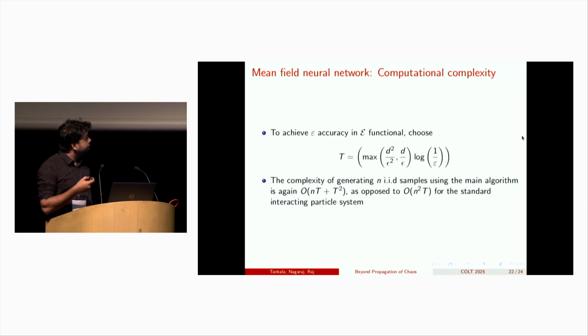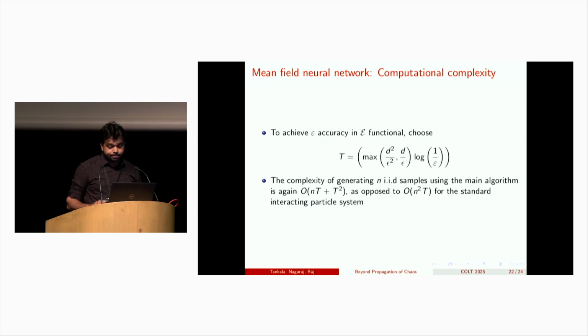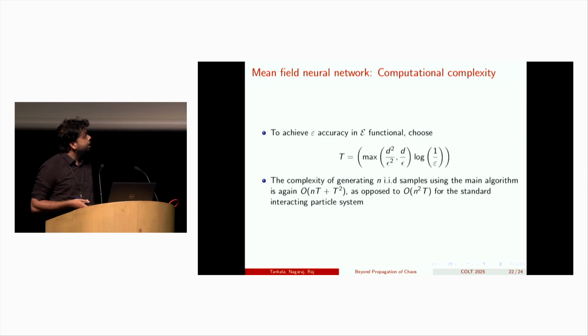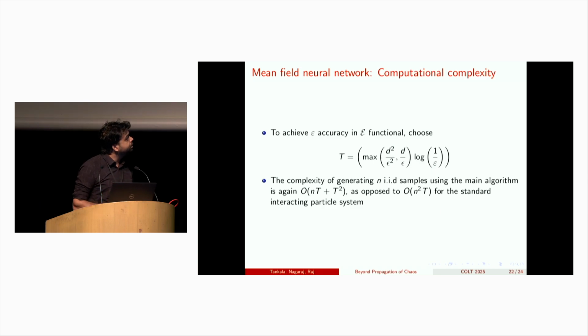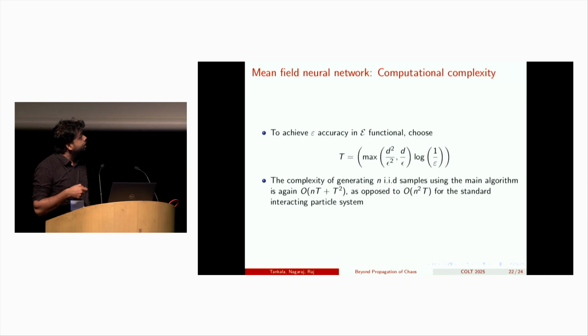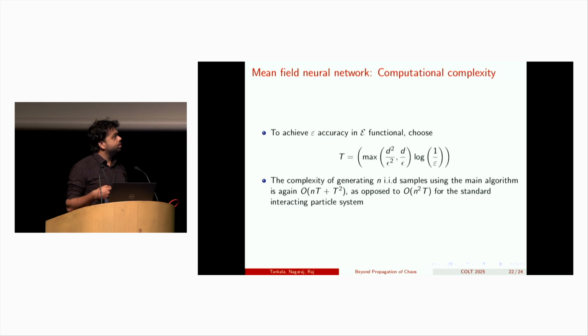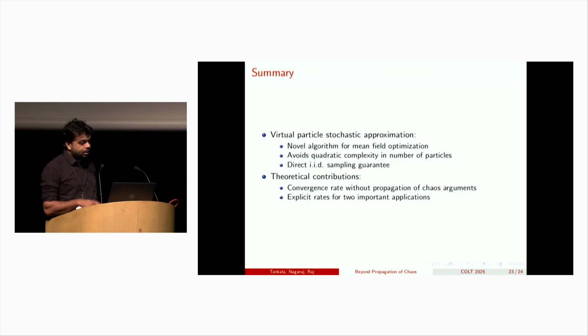And same thing, we have better computational complexity in cases where t square is less than n square t, and there is no interdependence between n and t, whereas in the previous results there is dependence between n and t. Here you can choose any n to start with, and that will appear in the bound in terms of the variance of your approximation and how far you started from.